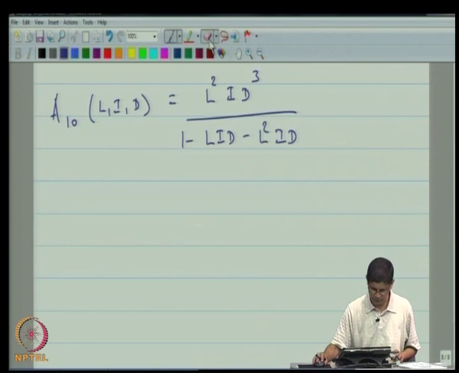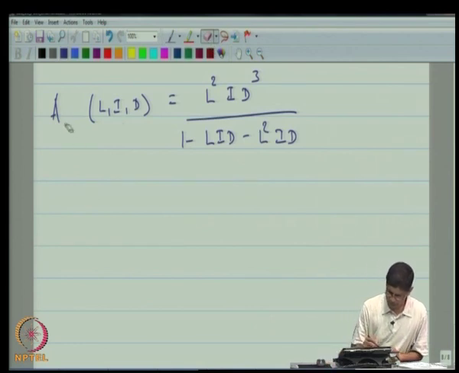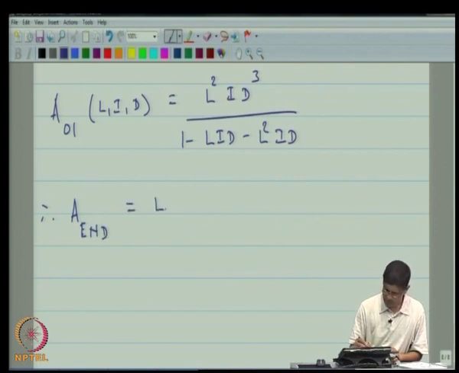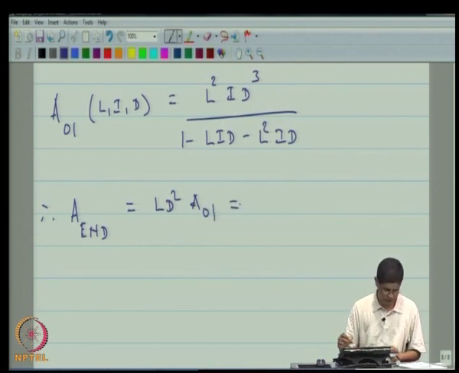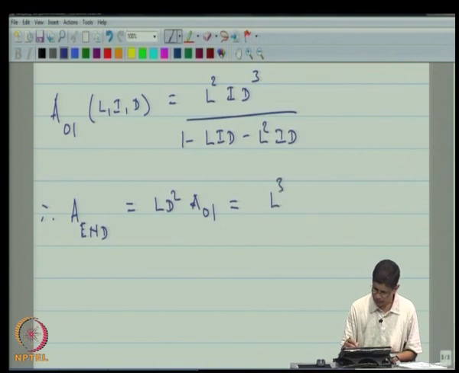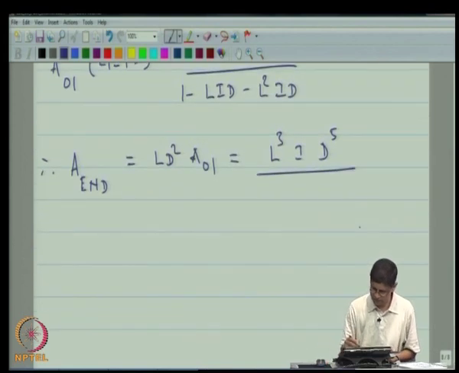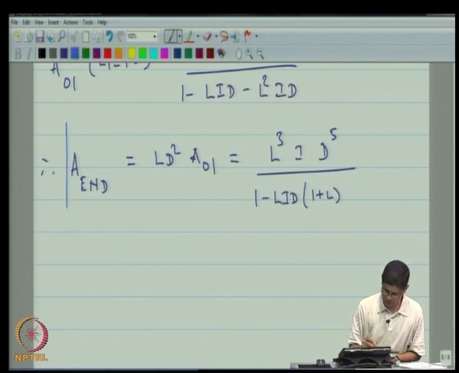This is A01. Therefore, A end LID, which is equal to LD squared A01, is equal to L cubed ID to the 5 divided by 1 minus LID into 1 plus L. Okay. So, this is what we have.